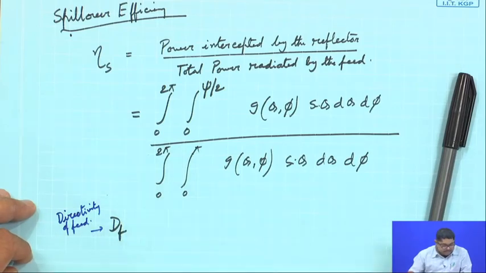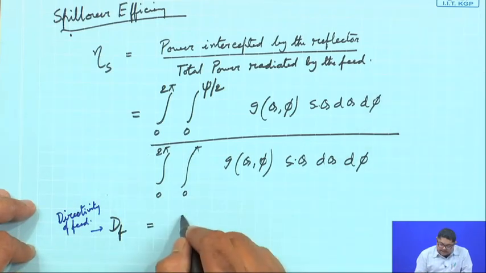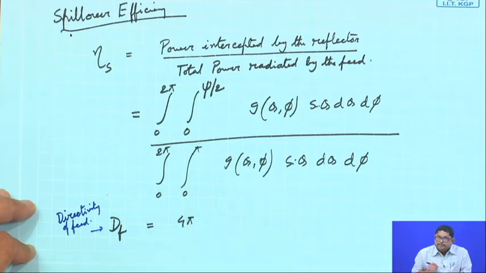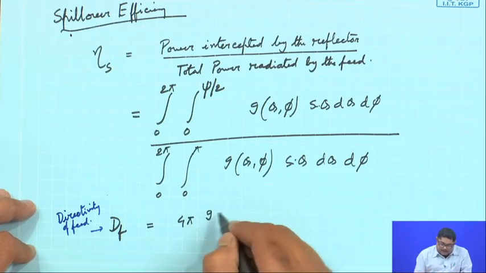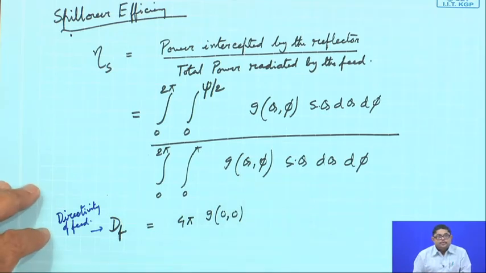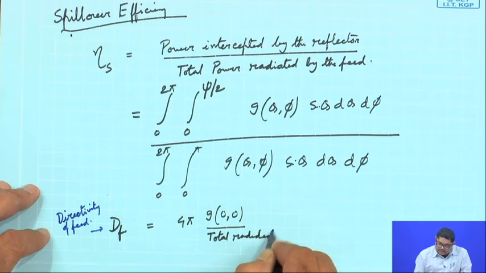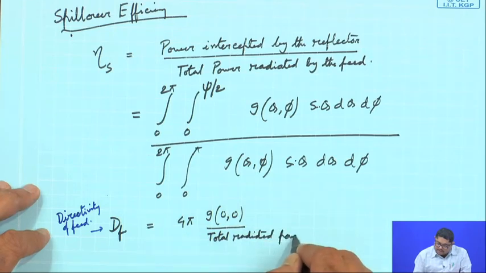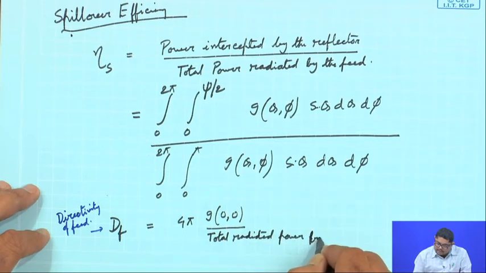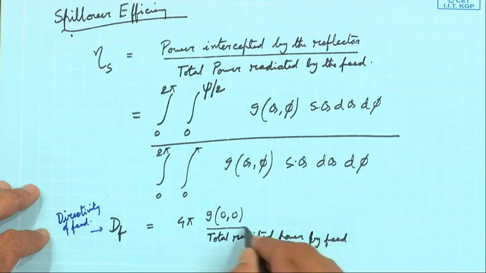What will be its expression? 4 pi G 0 by total radiated power by feed.